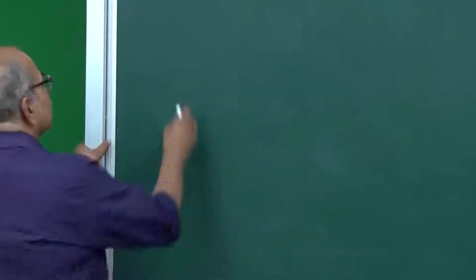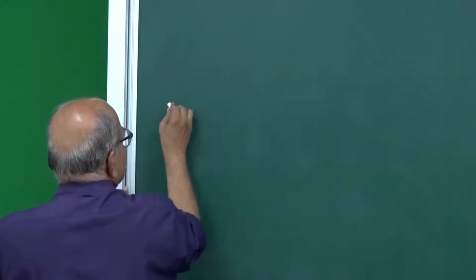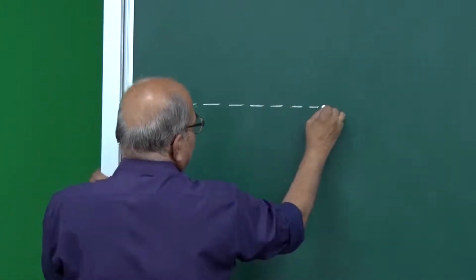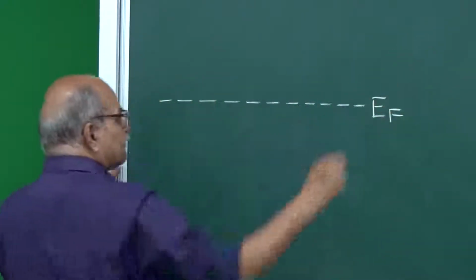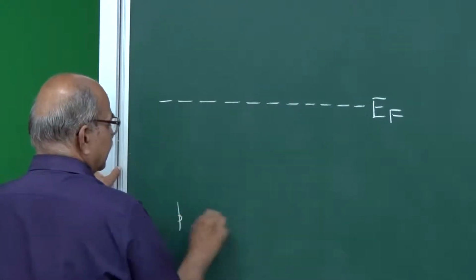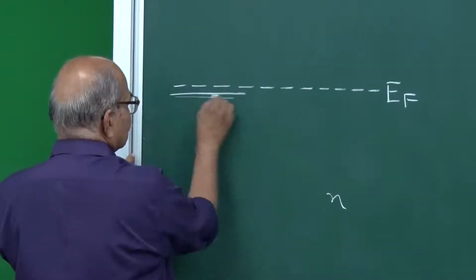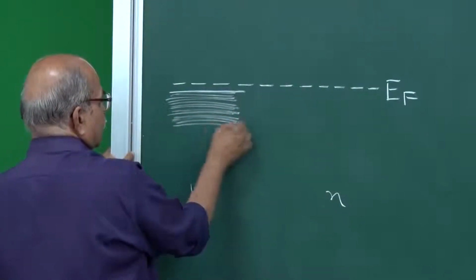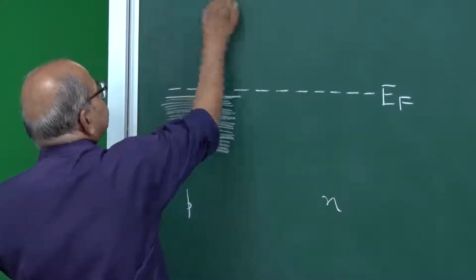Let me draw a fresh diagram of this band. Once again, before the cell was applied, you had a constant Fermi level for the entire material. Then this is P side and this is N side. So here the valence band starts here. This was the valence band. The conduction band was here.